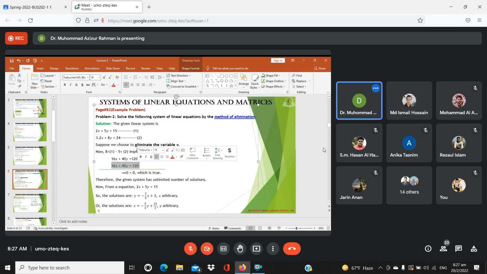Yeah. So this is your first equation. This is your second equation. Okay. The first one for 8 and the second one for 5. Yes. So if you subtract, everything vanishes and becomes 0. Here this side, 120 minus 120, you will get 0. Got it, sir. Thank you. Okay. So you can do it this way.